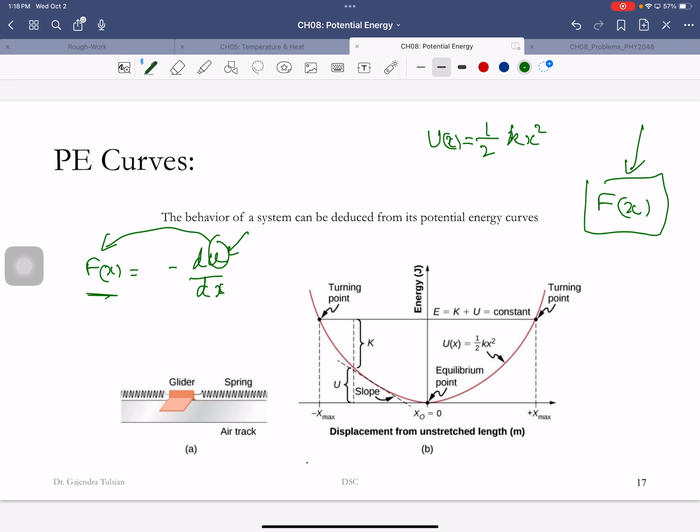So the potential energy curve is a very useful curve. Give the potential energy curve for a system, and from this you can determine the behavior of that system. This is a good description of the system.